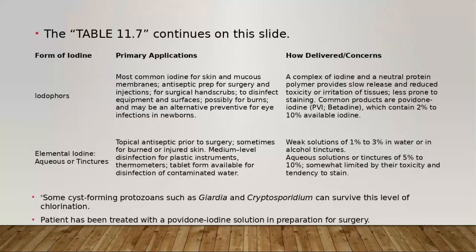Iodophores, like betadine, for example, are one of the antiseptics. They are most commonly used for skin and mucosal membranes. They are also used for surgical hand scrub, which is cleaning the hands of the doctor before performing surgery.